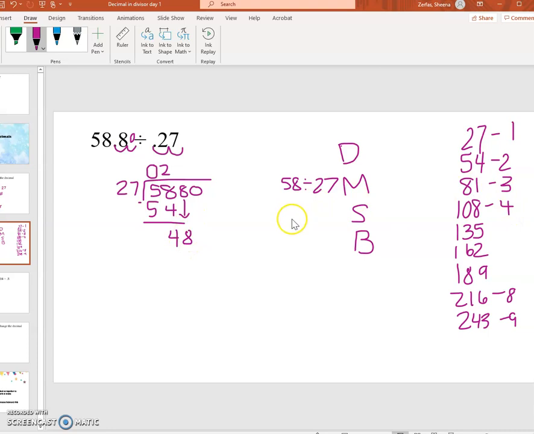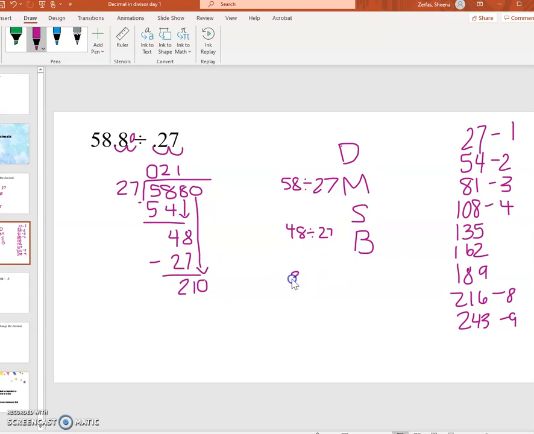And again, on this step, I have 48, and I'm trying to divide that into groups of 27. I'm only able to make 1, because 54, the number for 2 groups, is too many. Subtracting. Bring down the 0.